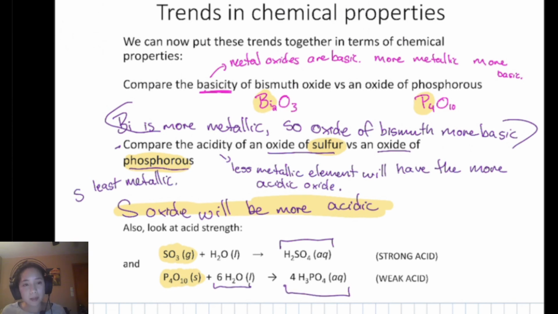If you remember our 7 strong acids, one of them is H2SO4. So H2SO4 is a strong acid, while H3PO4 is a weak acid. So here is another indication of the extent of the metallic character. Sulfur is less metallic, so it will be more acidic and will produce a strong acid compared to phosphorus, which is slightly more metallic. When you put that oxide in water, it produces a weak acid, phosphoric acid.